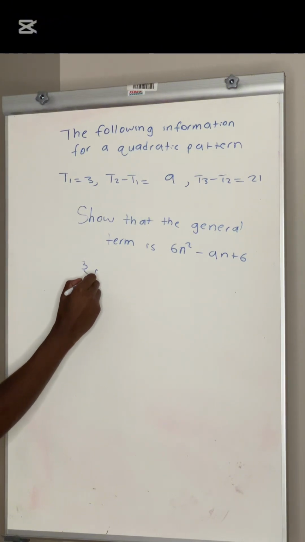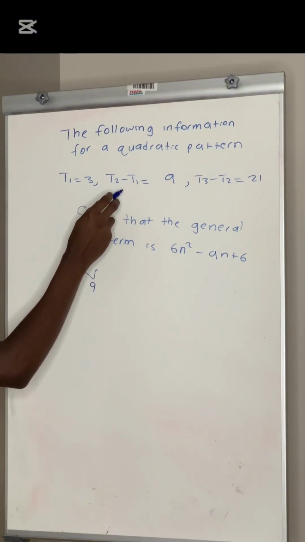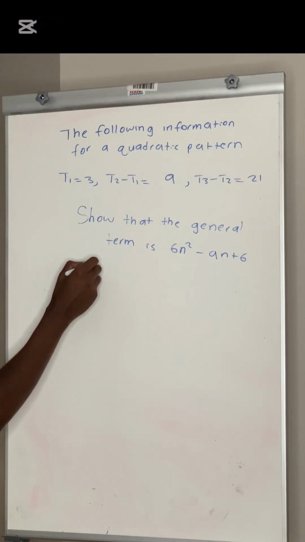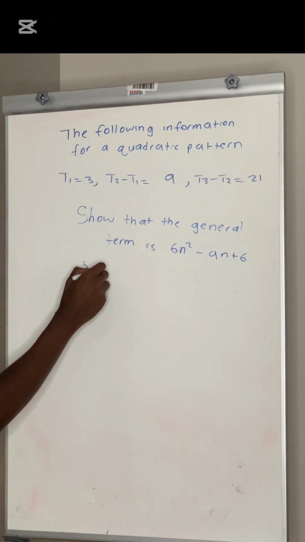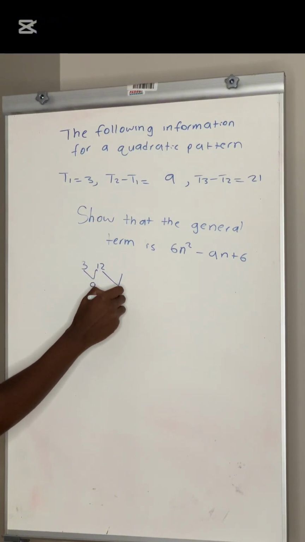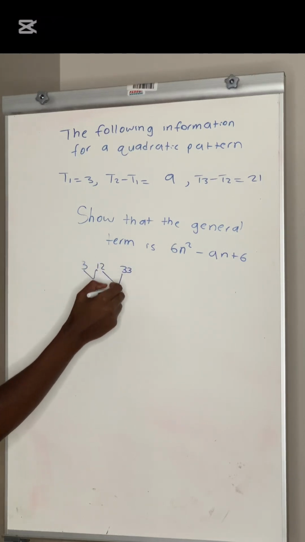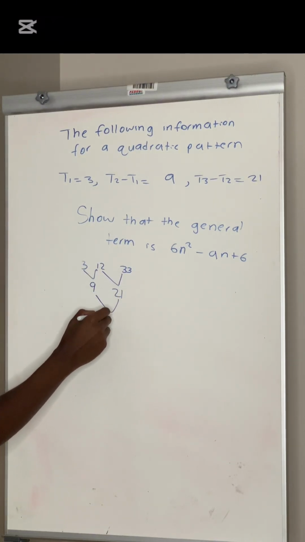And then the first difference is 9, which is term 2 minus term 1, and then we were trying to solve for this part. We got it to be 12, and this is 21. Term 3 minus term 2, we got that this was 33, okay? And then 21 minus 9, that is 12.